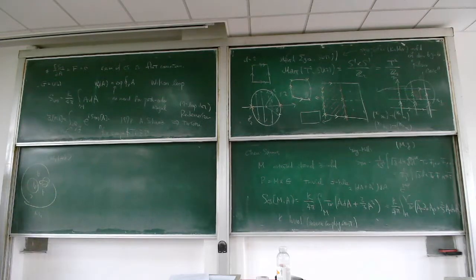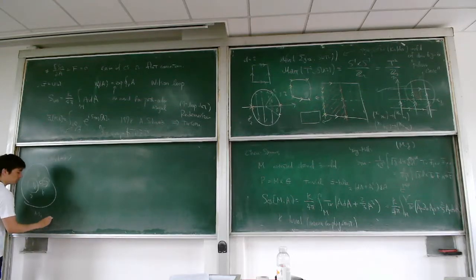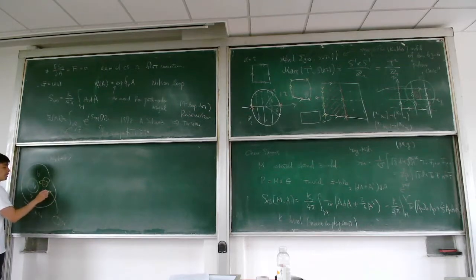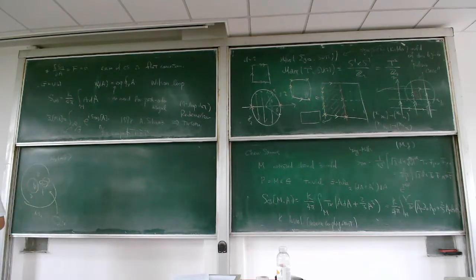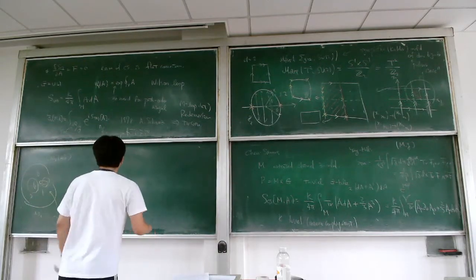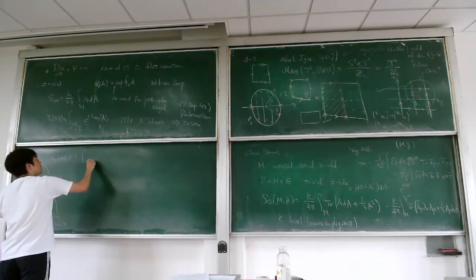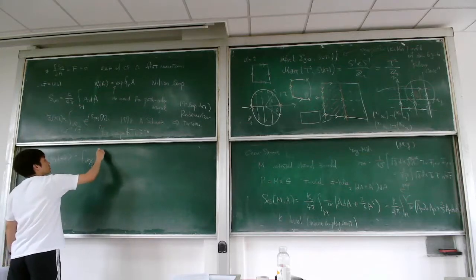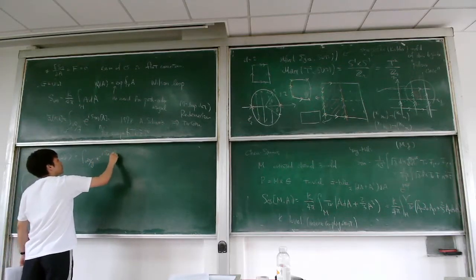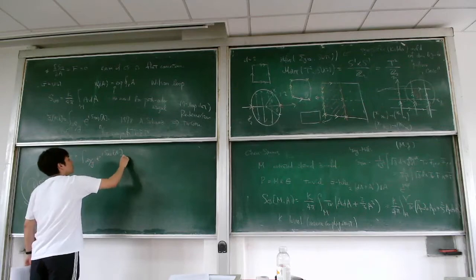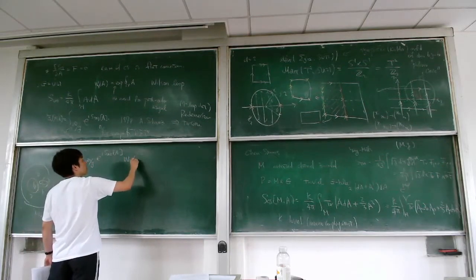So an S1 embedded inside M. You can consider the expectation value in the path integral. You do all the computation here, but you insert the so-called Wilson loop also.